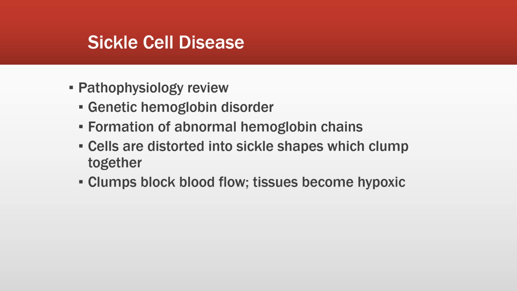Hemoglobin S is the sickle cell hemoglobin, which has 2 normal alpha and 2 abnormal beta chains of amino acids or proteins. It causes the red blood cells to distort that nice little round shape to, as I mentioned, a sickle shape. Again, making things sticky and clumping together.